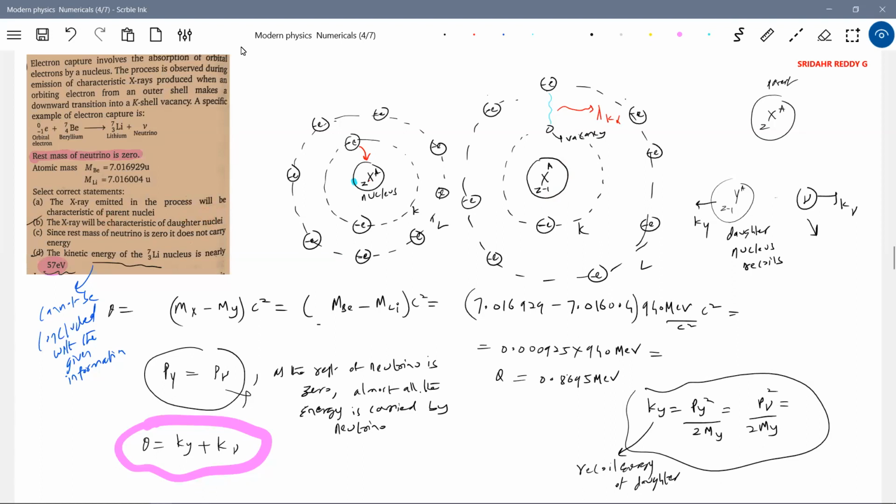In option B, for lambda K, when you are writing the expression of Moseley's law, you have to write Z-1, not Z. Agreed? This K capture, till now, they haven't asked in advance or even in mains. So there is every possibility of asking. Any of the data they can ask you, so just revise once, because till now they haven't touched it. And it's a part of the syllabus also.